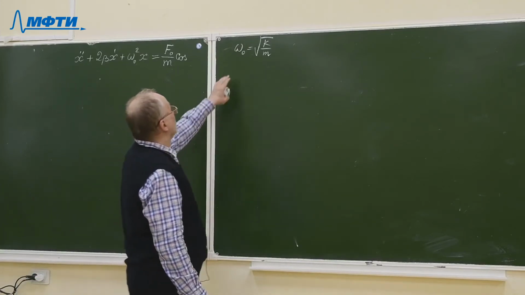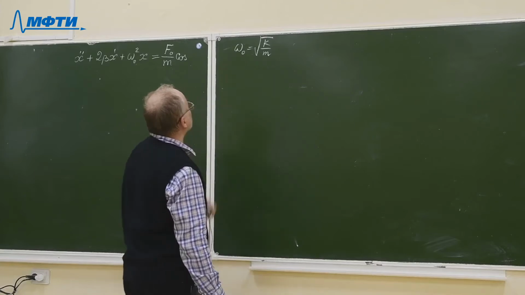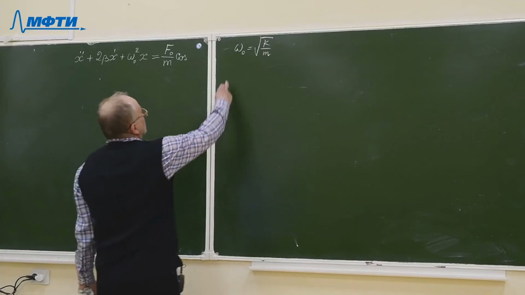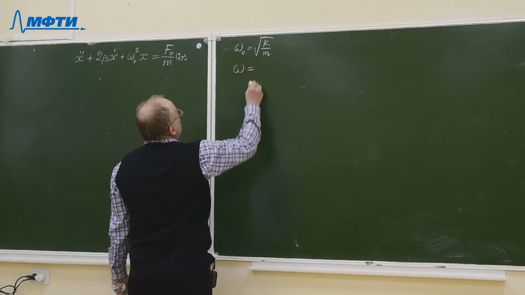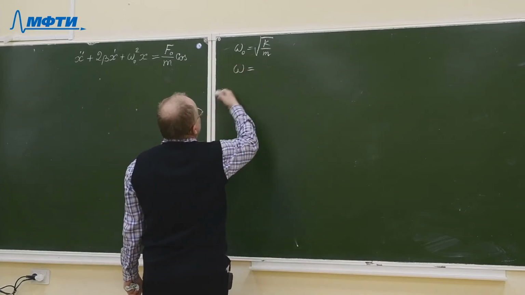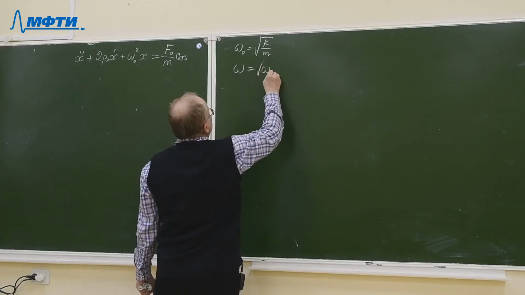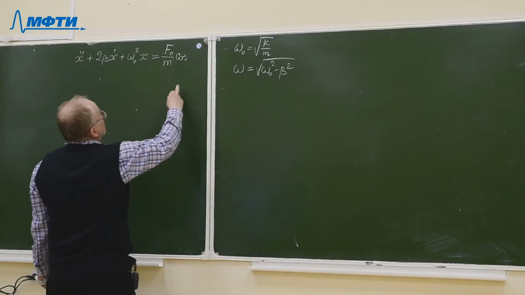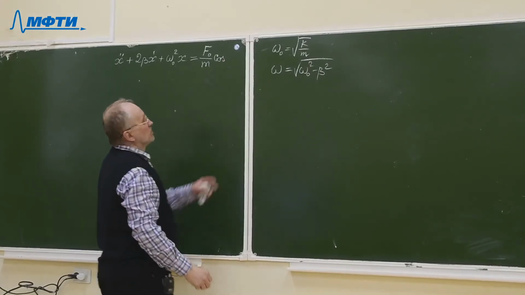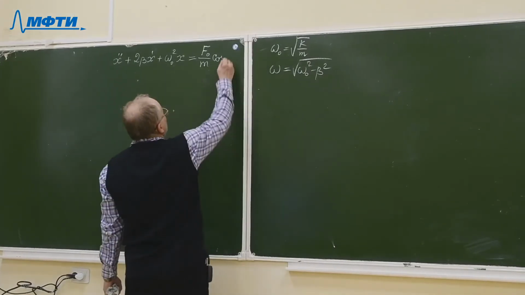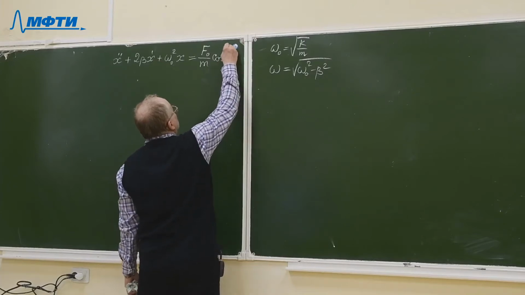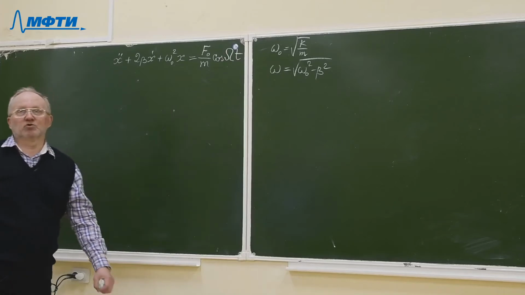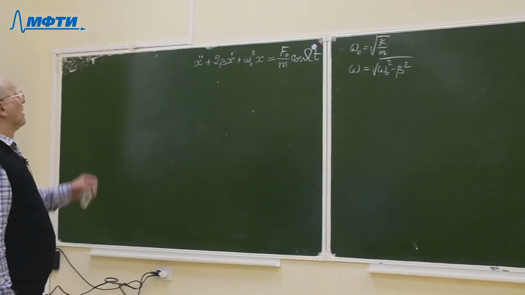But for the spring pendulum, it will be defined by the spring stiffness k. So we had omega 0 and we had omega for damped oscillations, which is the square root of omega 0 squared minus beta squared. And now we must have some different omega, which does not coincide with these two omegas. So I will denote this different omega by capital Greek letter omega.